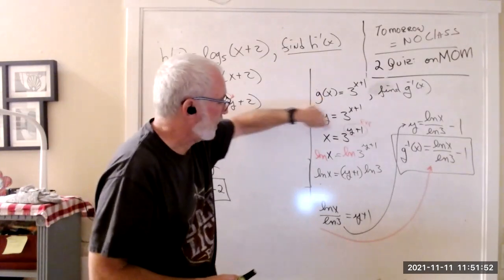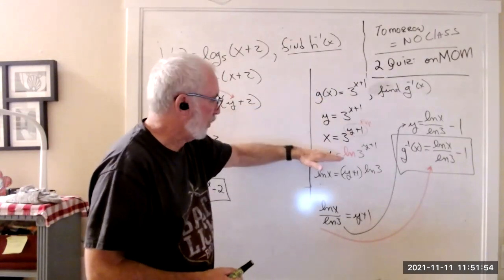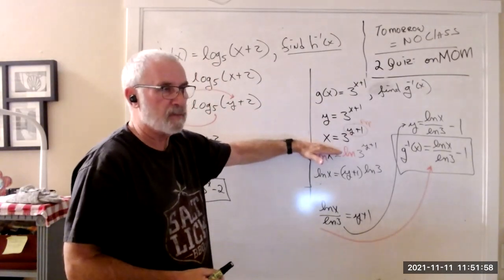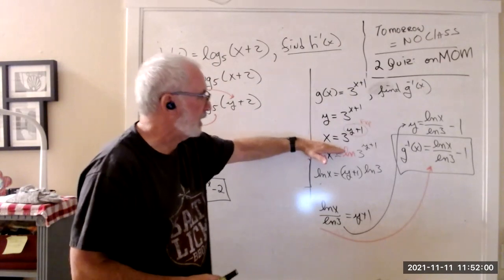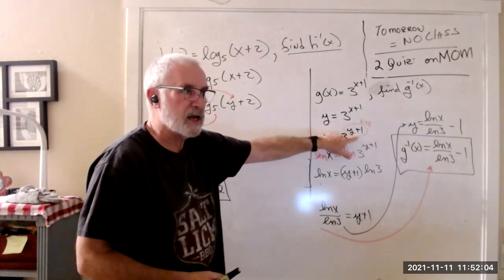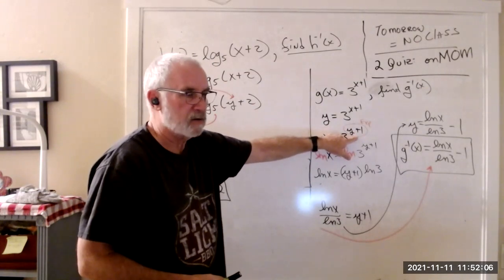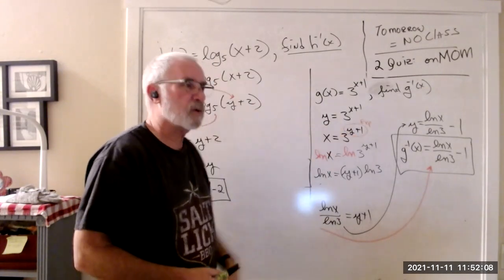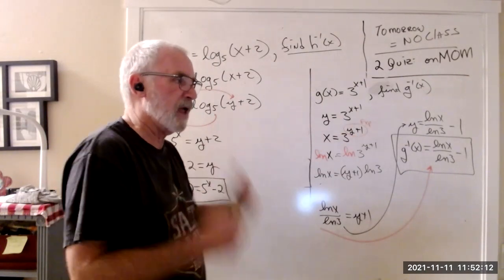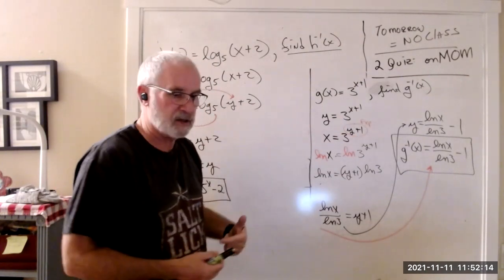I can swap the x and the y. But at that point, you have to be able to think, how am I going to get the y by itself? It's an exponent. How do I get it out of there? So that's where you have to decide what you are going to do. You have to think. Every problem is going to be a little bit different.